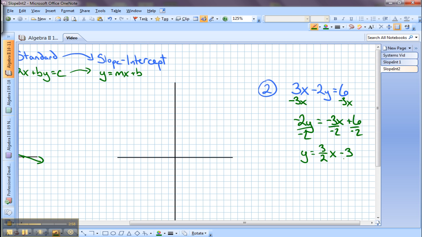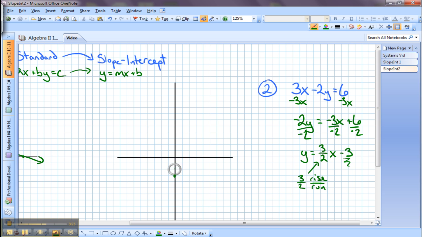So to graph this line for this equation, we're going to use our y-intercept, which is negative 3. So we're going to start by going down 1, 2, 3, and marking negative 3 on the y-axis. And then our slope is a positive 3 halves. Again, thinking of slope as rise over run, we see that we need to go up 3 and to the right 2.